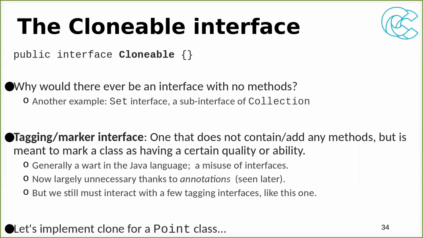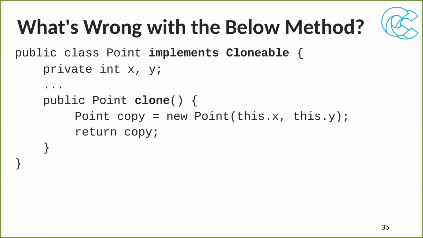Okay, so let's implement clone for the Point class. The first step, like I said, is to implement this Cloneable interface, and the Cloneable interface is empty. So in that sense, you don't have to bother with defining methods and so on. You just have to implement it. But the other requirement is to override the clone method, and this comes from the Object class, because every class by default inherits from the Object class.